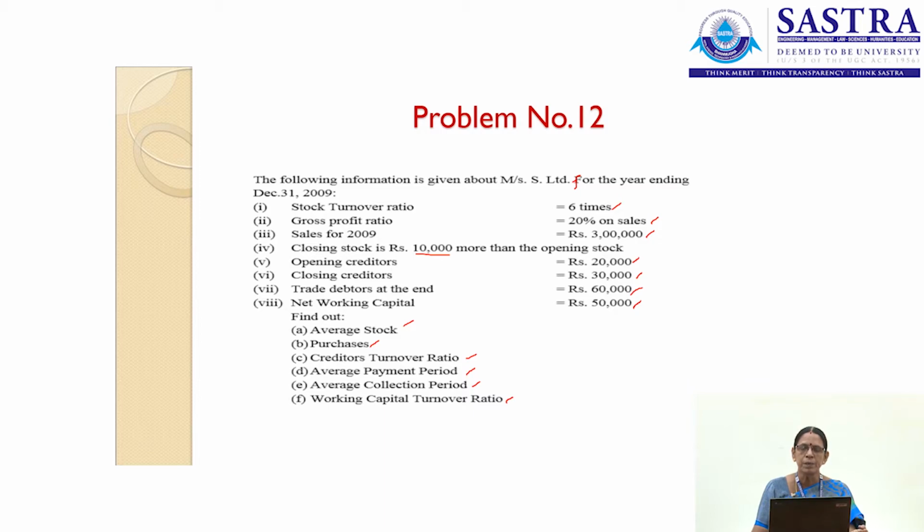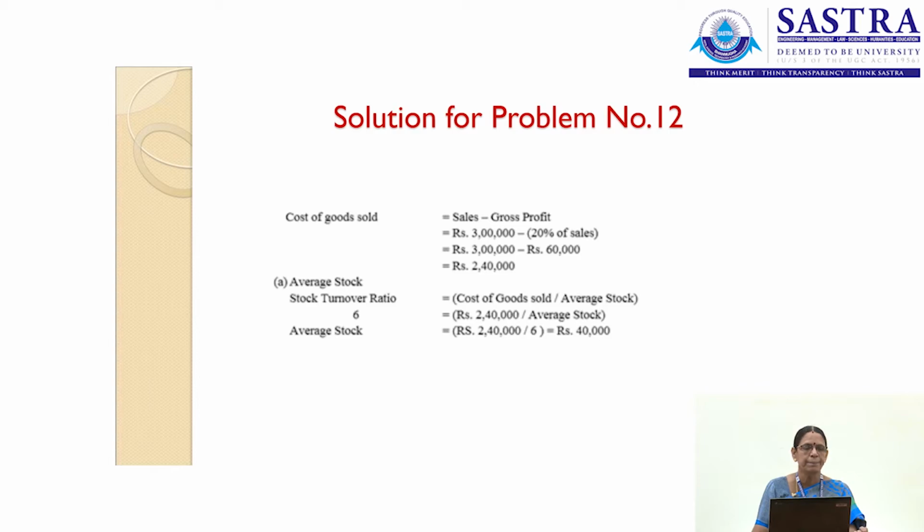With this we can find out your cost of goods sold, sales minus GP. With the cost of goods sold and stock turnover ratio, we can easily find out your closing stock and your opening stock. Then go to closing creditors, that is we can find out your purchases. After purchases, we can go for your sales calculation and then debtors calculation and the net working capital. We can see one by one.